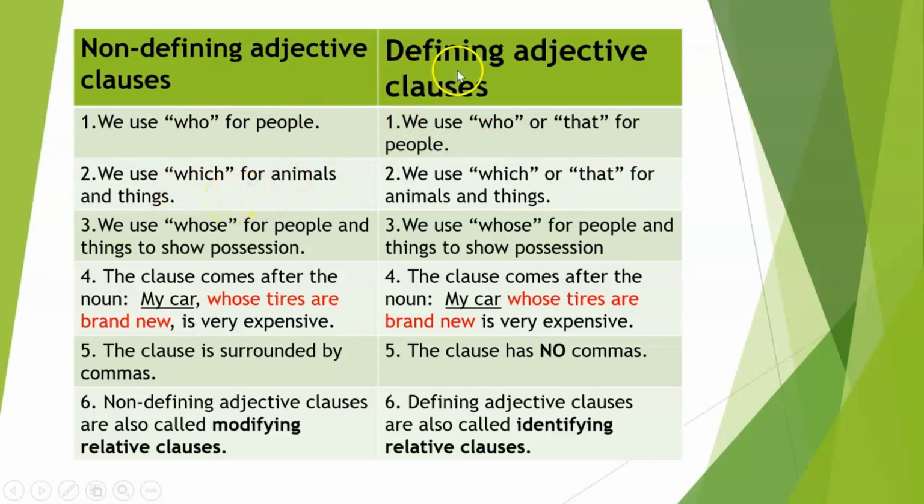For defining, we can use which or that for animals and things. Point number 3, we use whose for people and things to show possession, for both non-defining and defining. Point number 4 is also the same. The clause comes after the noun.